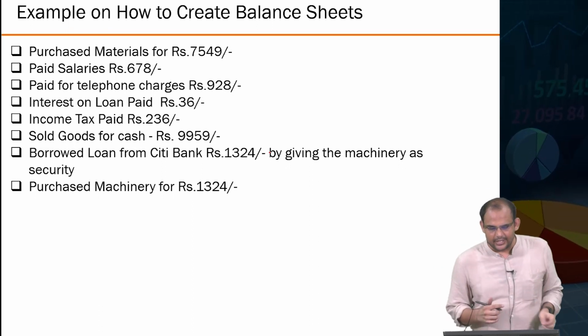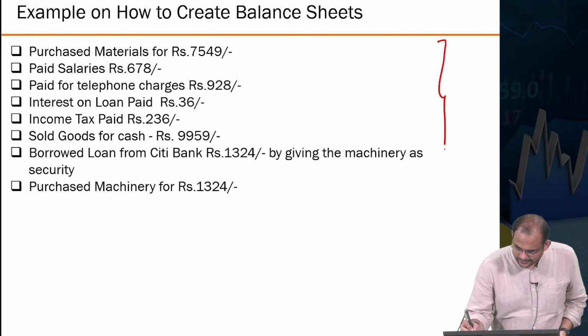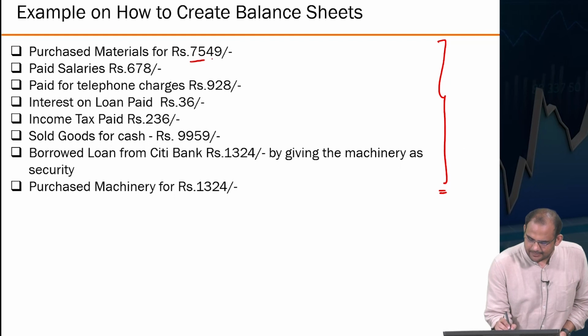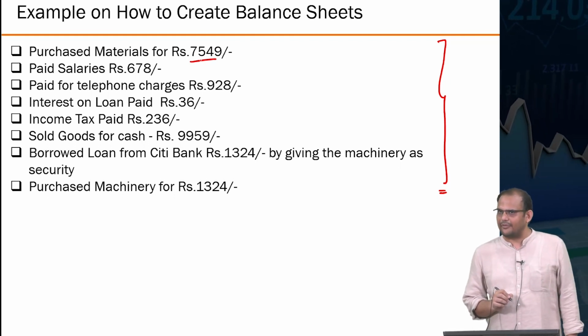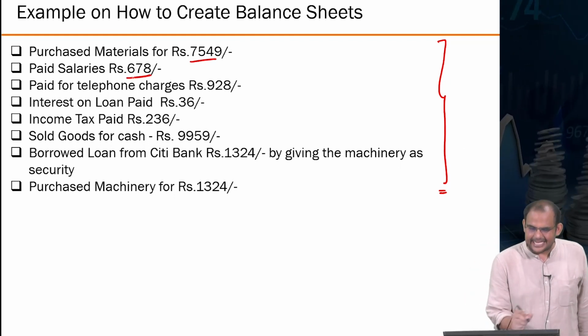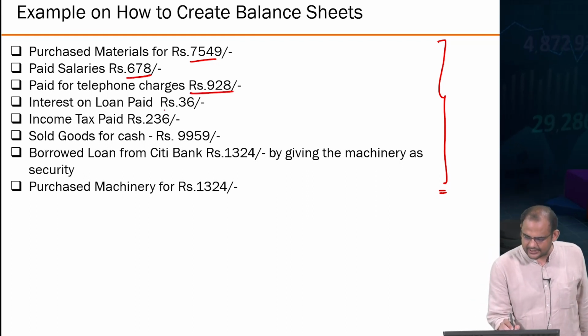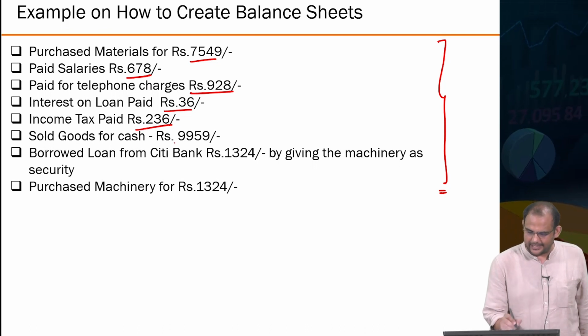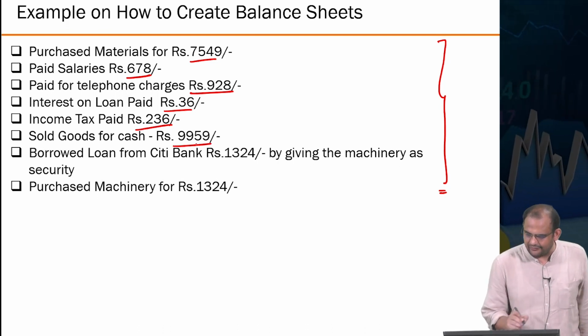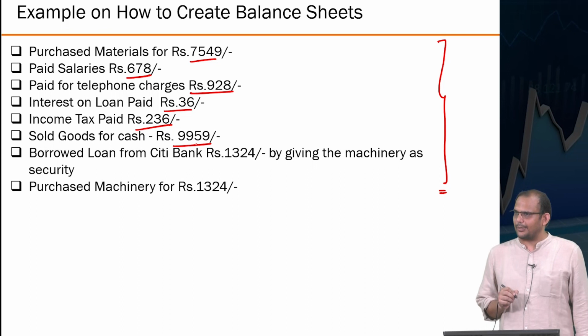How to infer. So suppose these set of transactions have been given to you. You purchase material for 7,549 rupees. You paid salaries of 678 rupees, paid telephone charges, interest on the loan paid, income tax you paid. You sold goods for cash of worth 9,959 rupees.